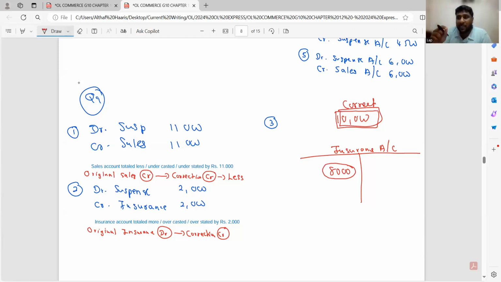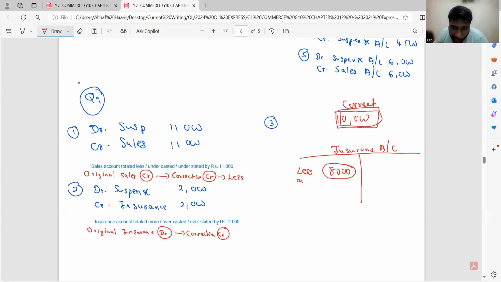Have you written more or less? You have written a less amount. So how much is the missing amount? 2,000.